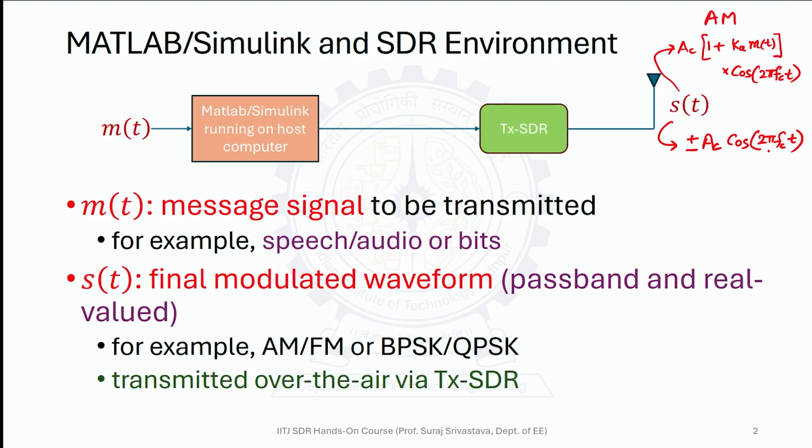So this s(t), which is the output of the transmit SDR, is the final waveform, whether it is AM or BPSK for the case of digital communication, and this is a real valued waveform. This is the waveform which the transmit SDR generates corresponding to the message signal m(t) and for a particular modulation scheme like amplitude modulation or BPSK, and this is the waveform which is transmitted over the air by SDR.